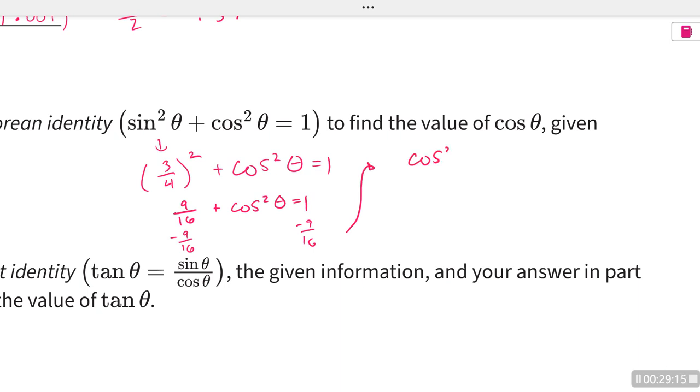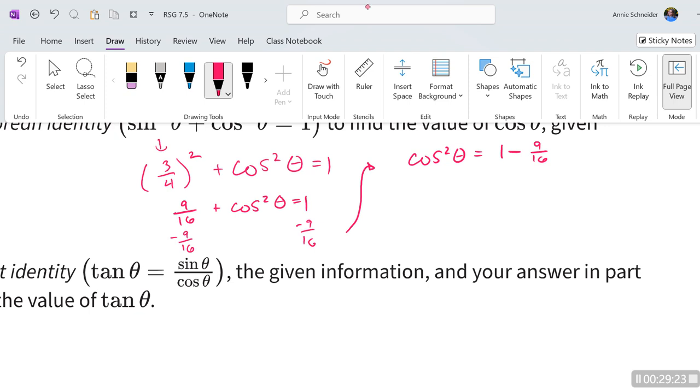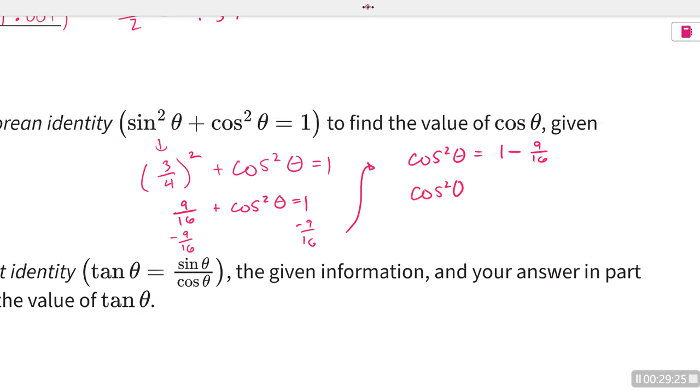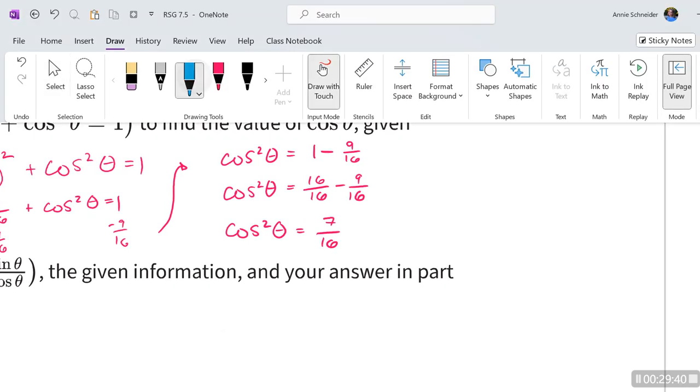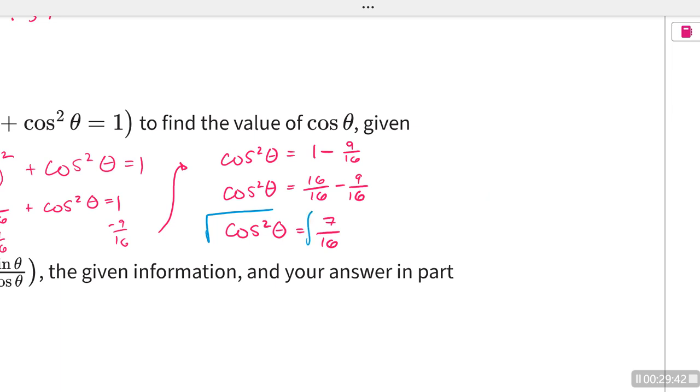So cosine squared theta equals 1 minus 9/16. Well, I'm going to change that 1 to a 16/16 so I can subtract my two fractions. So cosine squared theta equals 7/16.